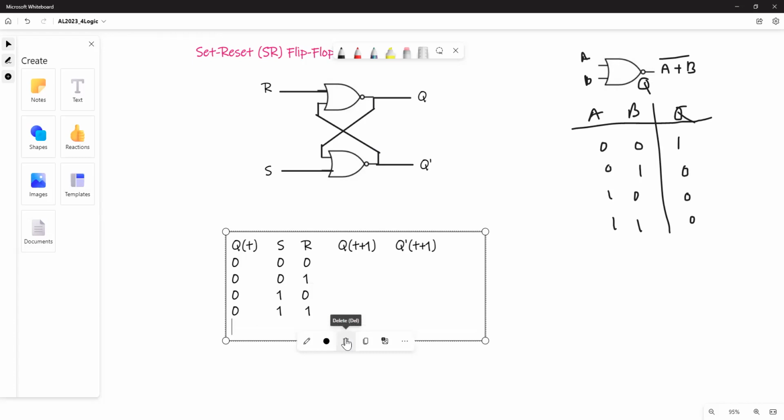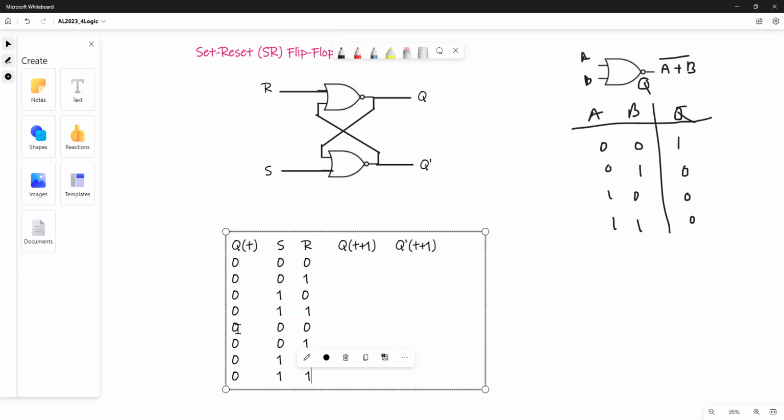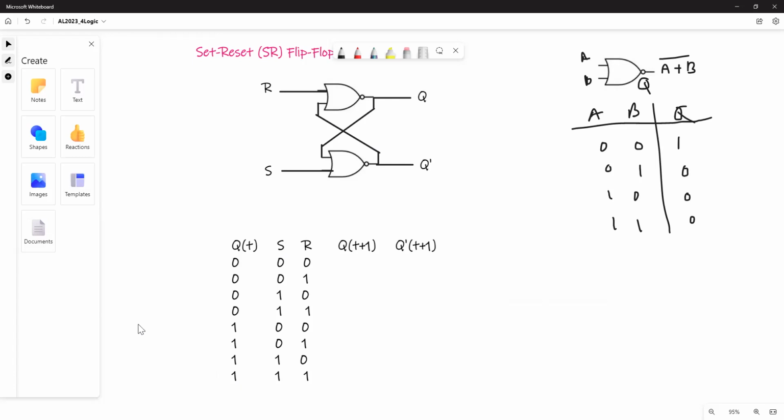So you can continue this. Then we have 1, 0, 0. I will copy paste, and I will make these ones. We have 1, 0, 0; 1, 0, 1; 1, 1, 0; 1, 1, 1.